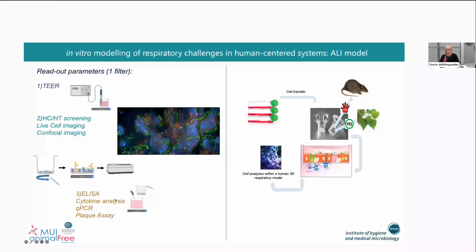And from the basolateral supernatant as well as from the apical side where we have the mucus, we can perform ELISAs, we can measure pro-inflammatory cytokines, we can do detection of viral loads, which are either released to the apical side or to the basolateral side. We can do the testing of the infectiousness of the viral particles released by doing plaque assays. So you can see that we have quite a lot of readout parameters just from one filter.